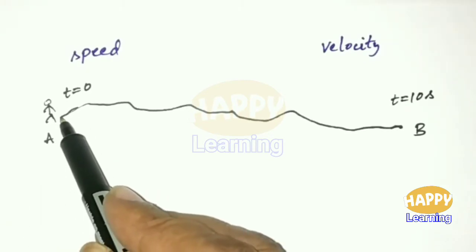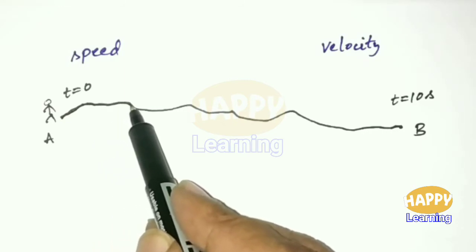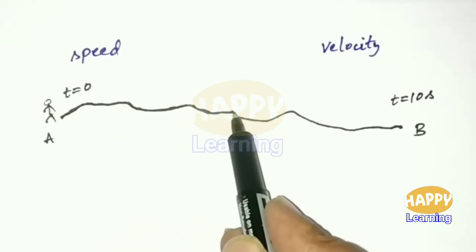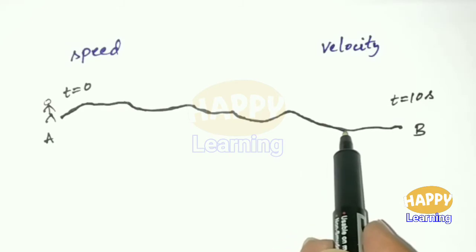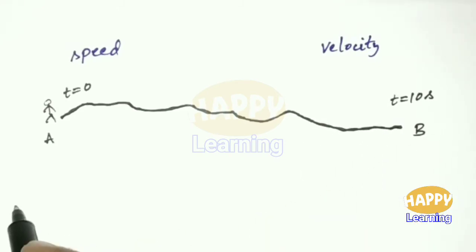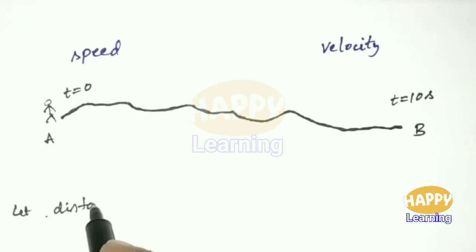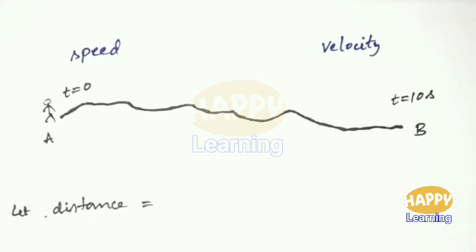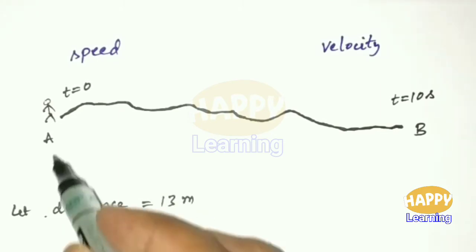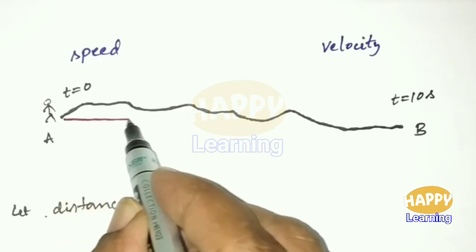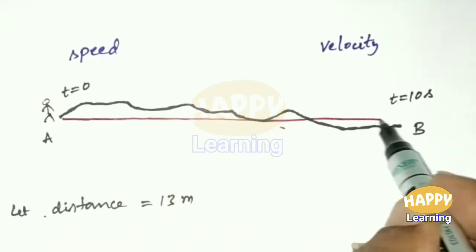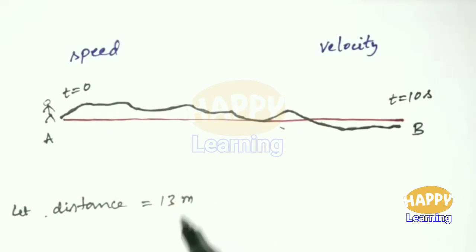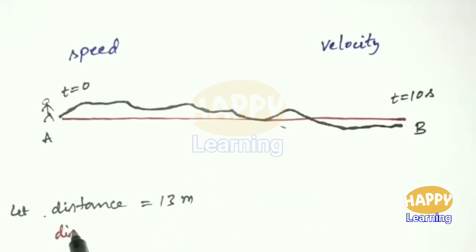If you measure the distance along the actual curved path he has walked, that length is the distance. Let distance be equal to 13 meter. If you measure the distance directly, straight from A to B, irrespective of whether a path is available or not, then it is called displacement.